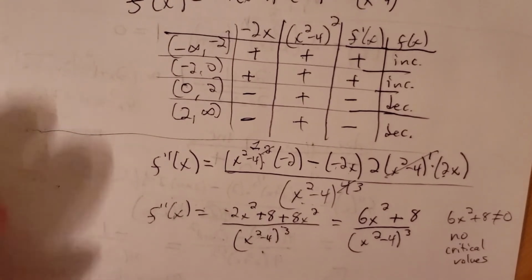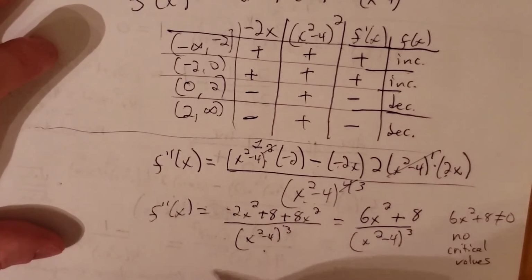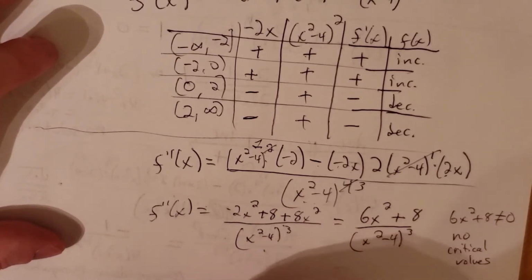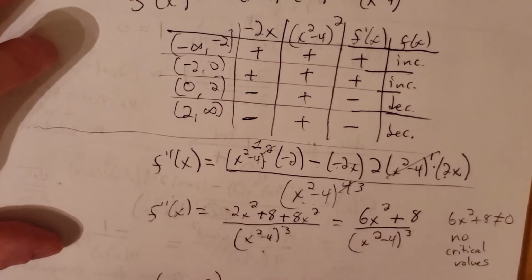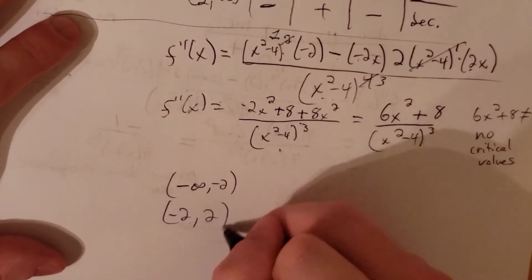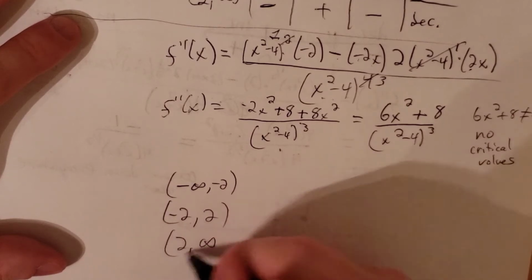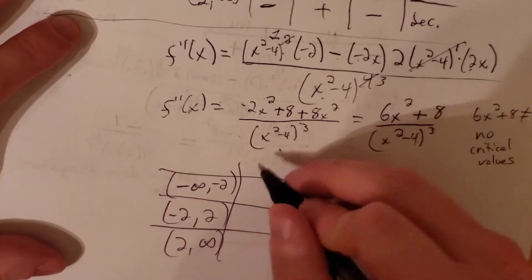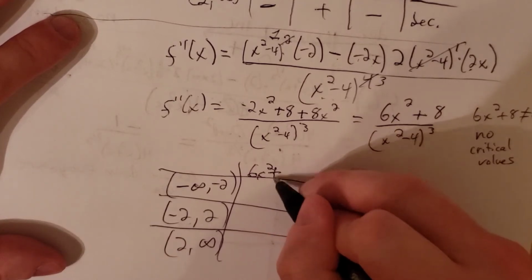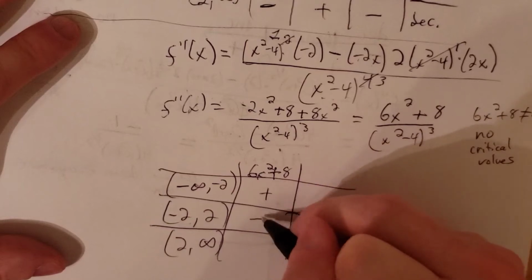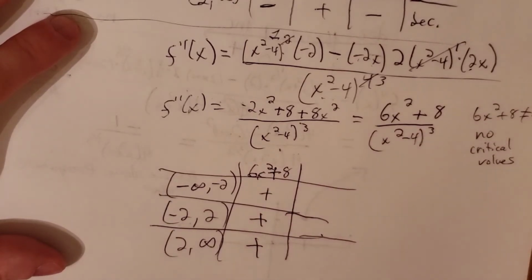So now we just need to determine our intervals here. So we have the interval from negative infinity to negative 2, from negative 2 to positive 2, and 2 to infinity. Well, 6x squared plus 8 is always positive. We already said that. It's never 0, right? So that's always positive.